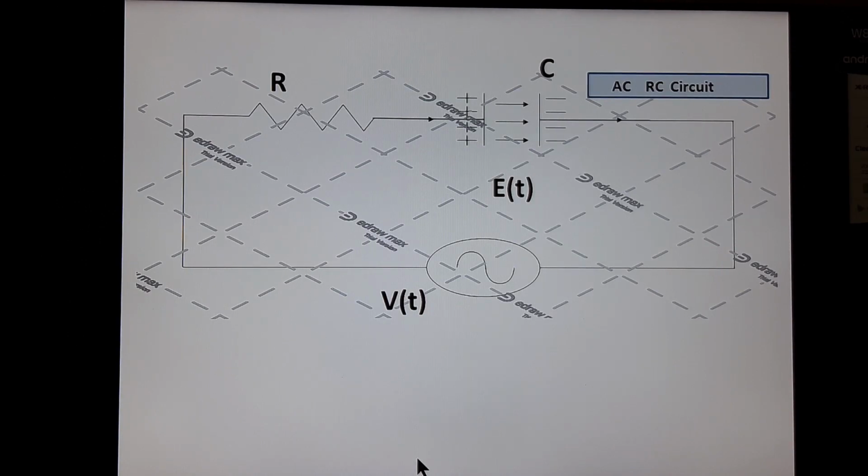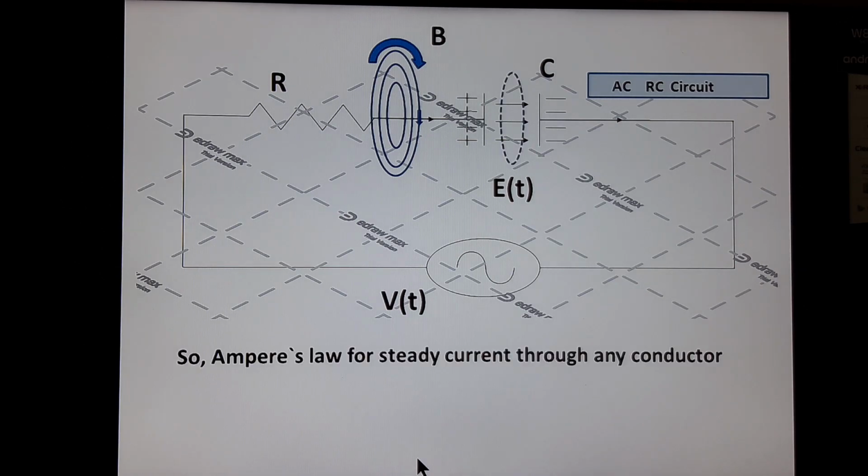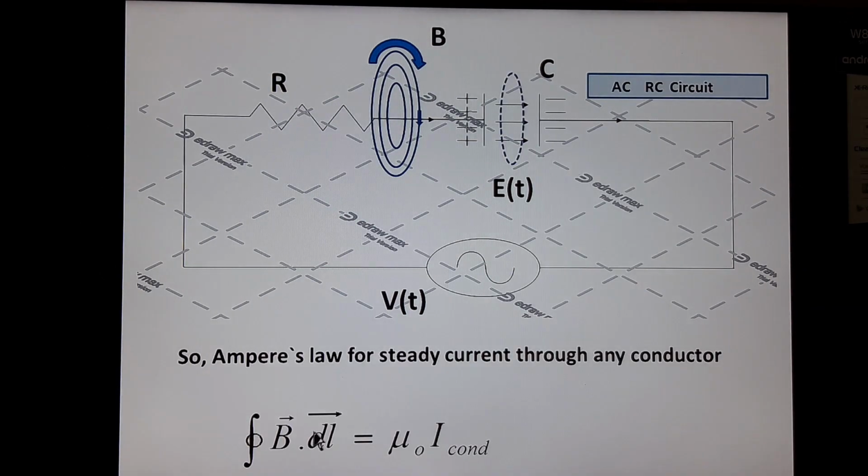So in the previous AC circuit, if we consider the magnetic field lines about the current carrying conductor, then from Ampere's law, the line integral of the magnetic field about any closed loop is equal to mu 0 times the total conduction current inside the loop, where mu 0 is the free space magnetic permeability.